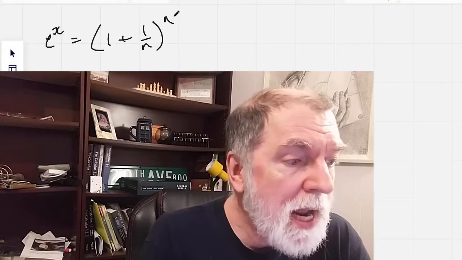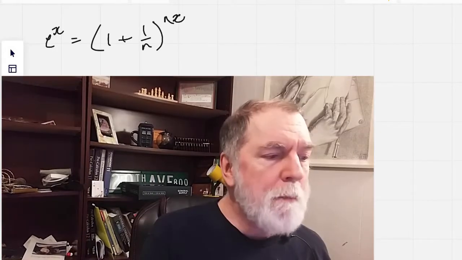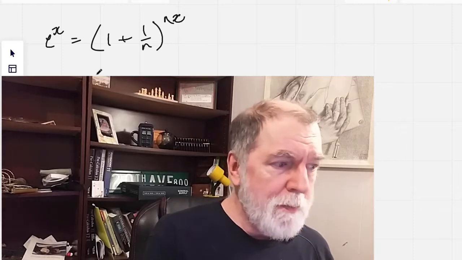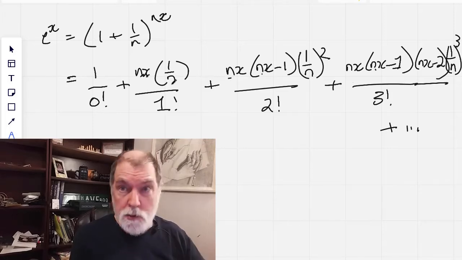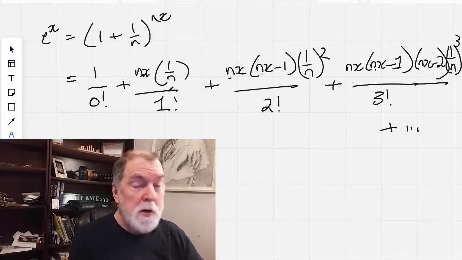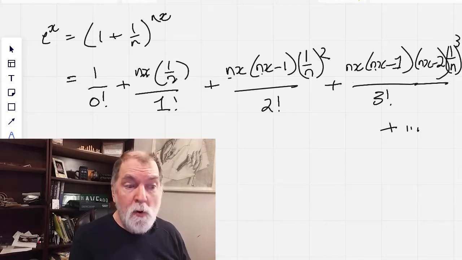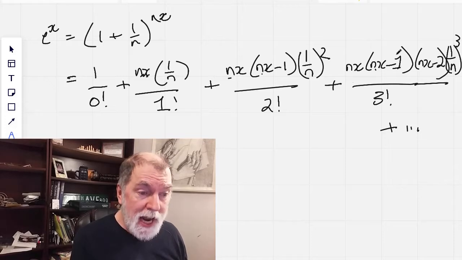What if we want not just e, but e to some power x? We'll just multiply this exponent by x. In our binomial theorem, wherever we had n up here in the numerator, now we have nx. Not so with the 1 over n. So the n's, as before, are going to cancel out for large n.